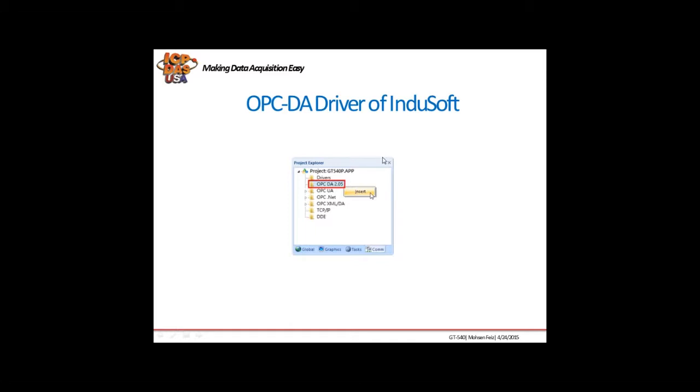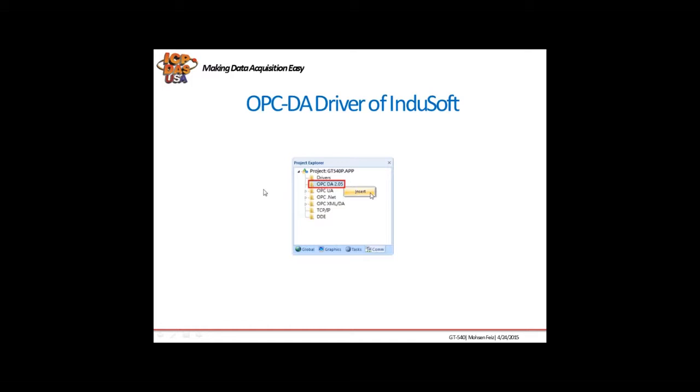Later in the InduSoft software itself, you just need to insert a new driver. Already in the previous webinars I had, I showed how you can use OPC in InduSoft, but it's easy, and we have also support documentation.